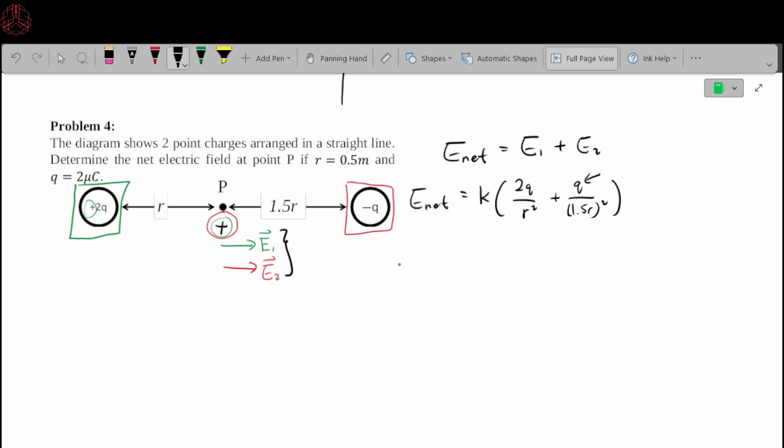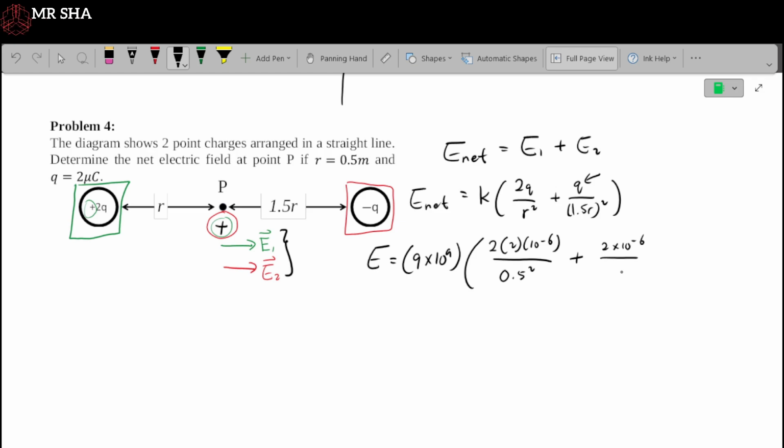Okay, so then what I can do is just substitute the values needed. So I have 9 times 10 to the power of 9, and then 2Q. Q is 2 microcoulomb, so it's 2 times 10 to the power of negative 6, over R squared, which is 0.5 squared, and then plus 2 times 10 to the power of negative 6 over 1.5 times 0.5 squared.